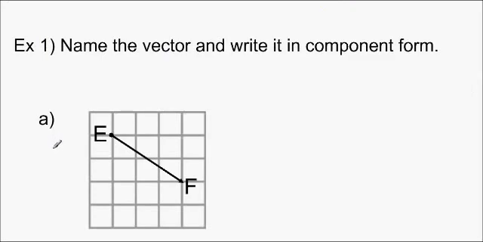Example 1, name the vector and write it in component form. So naming the vector is pretty easy. I'm looking here and I see that I start at E, so there's a dot at E and an arrow pointing to F. So I have vector EF with that half of an arrow over it. And component form, so I have my pointy brackets.